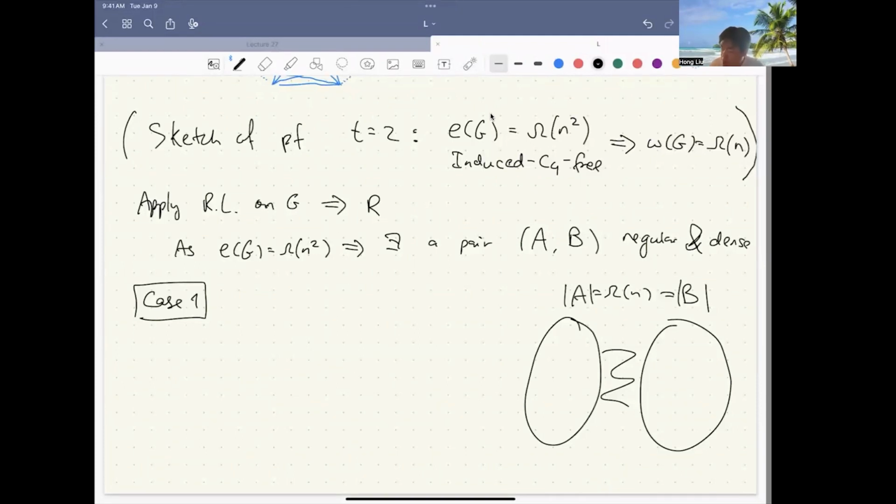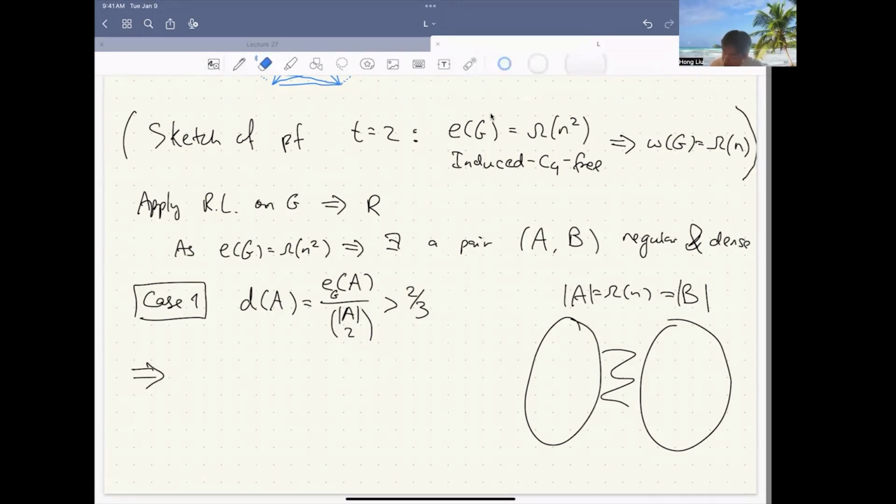Case one is the density of, let's say, one of them, A. The edge density, what does it mean? That means the number of edges in A divided by A choose 2. This density is bigger than 1/2. Let me just say 2/3. If this is bigger than 1/2, then there exists A prime in A. This is easy to prove.